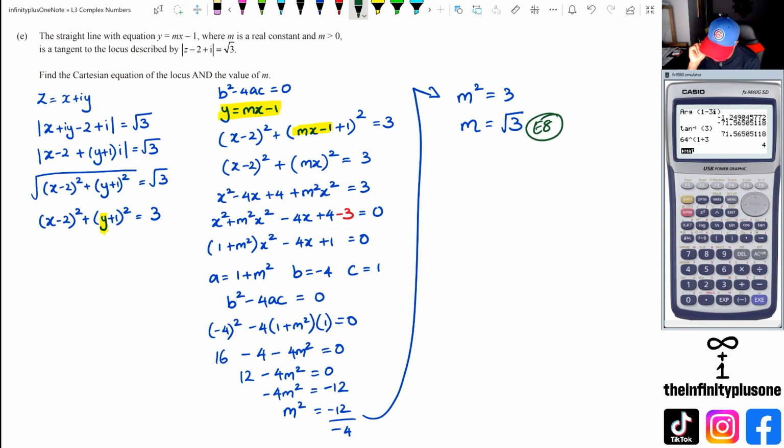Getting up to this line here, 1 plus m squared, is going to get you a merit. And then for achieved, getting up to here, you're actually going to get an achieved. So lots of opportunities to get some good marks here. But pretty much, folks, that is question 2. We go to the next one.